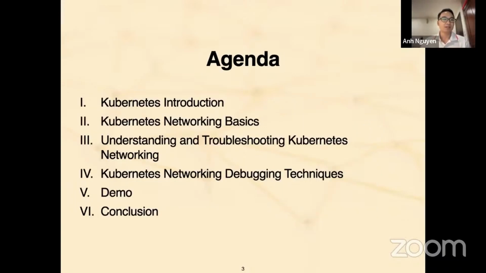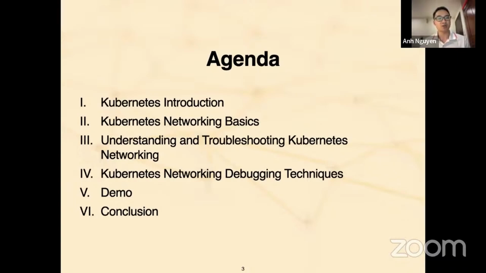So my presentation is divided into 6 parts. First, I will briefly introduce Kubernetes. Next, we will learn about the basic concepts and components of Kubernetes networking. Then we will take a deep dive into the world of Kubernetes networking, explore how it works and common issues that may arise.